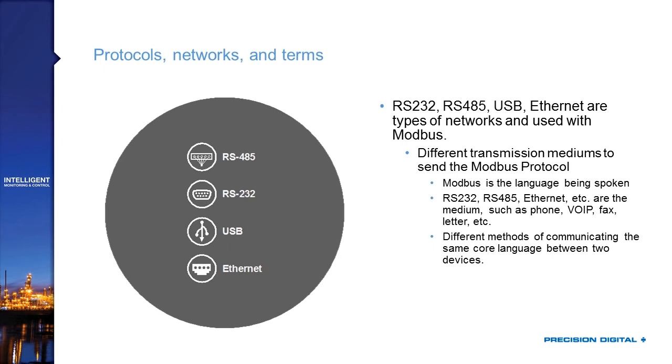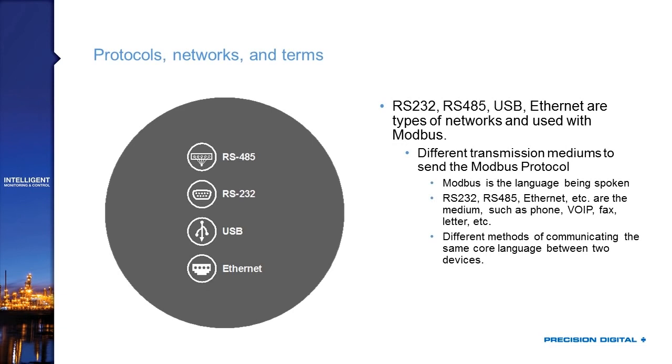A great way to think about this is that Modbus really defines the language being spoken. So Modbus is the equivalent of saying, well, I'm talking to you today in English. Now, I could be talking to you in English by a phone line, a voice over IP line. I could be writing English to you in an email. I could fax you something that's written in English. Either way, I'm going to talk to you in English.